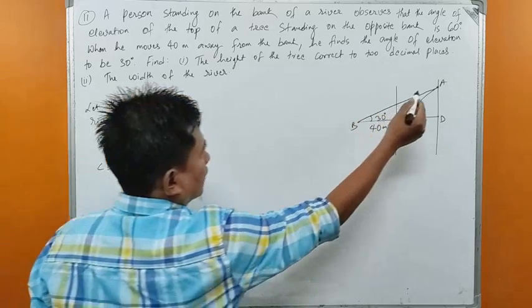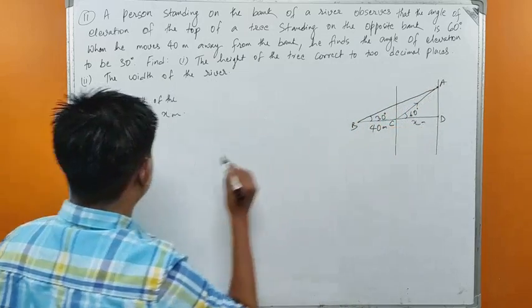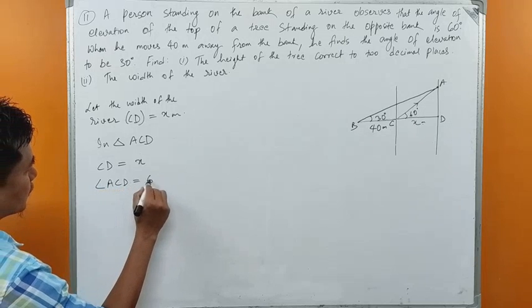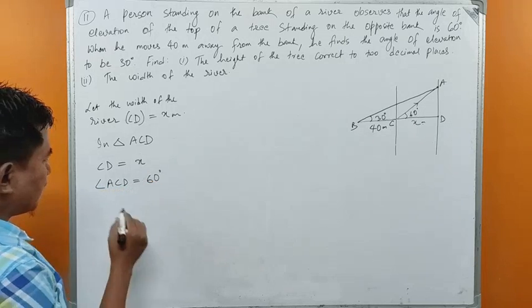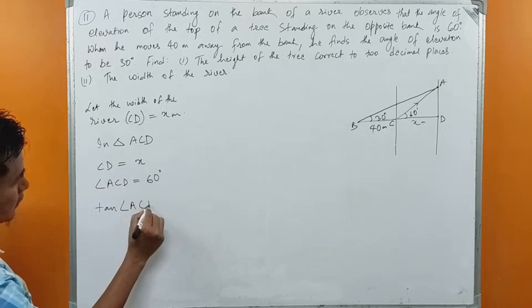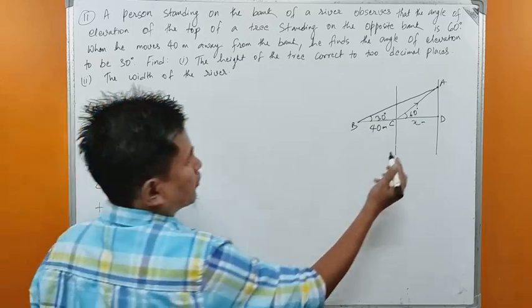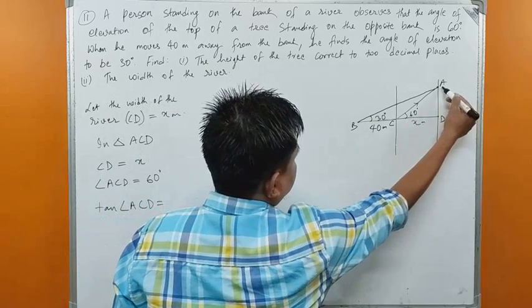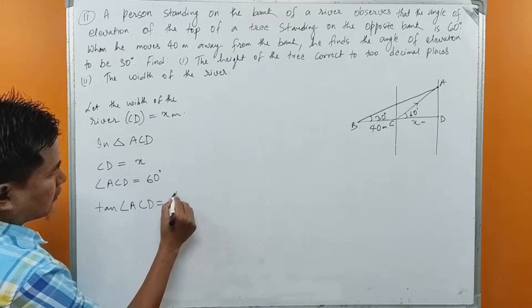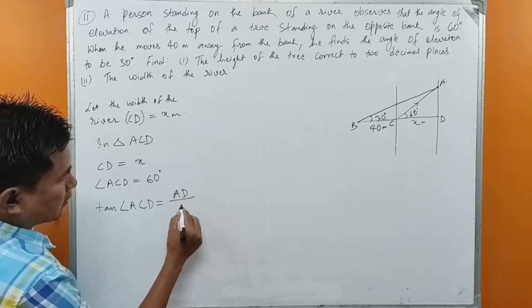And angle ACD is 60 degrees. Let us apply tan theta. Tan of angle ACD equals, when we talk about this angle, perpendicular is AD and base is CD, isn't it? Perpendicular by base.